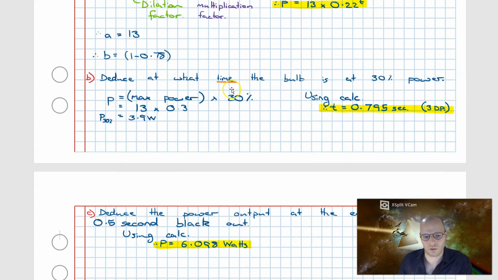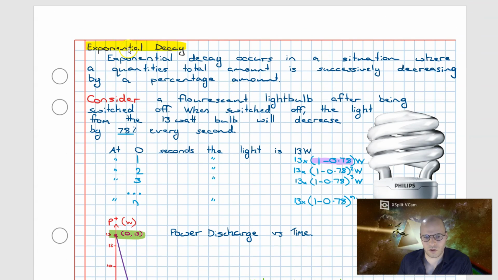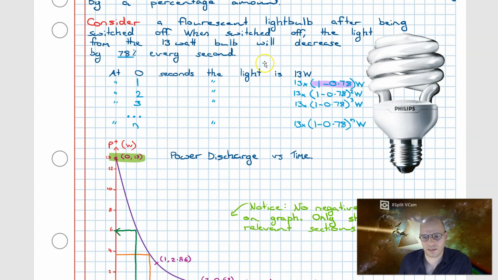So in summary, what we had a look at in this video was the concept of exponential decay, that being when a quantity undergoes successive decreases in its total value by a percentage amount. Then we had a look at the scenario where we see the light from a light bulb decreasing at an exponential rate.